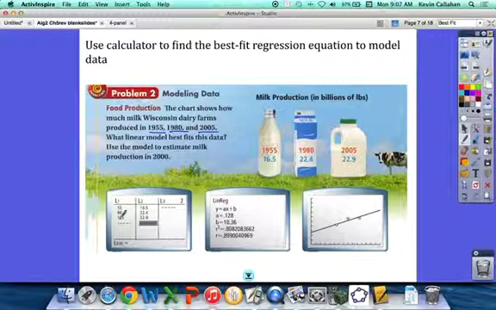You wouldn't be wrong if you put in the other, but you'd get a slightly different equation, for sure. And for 2005, that becomes 105, because it's 105 years since 1900. For the rest of it, remember, you go stat edit and you put the X values in L1, the Y values in L2, and then you look at the data.